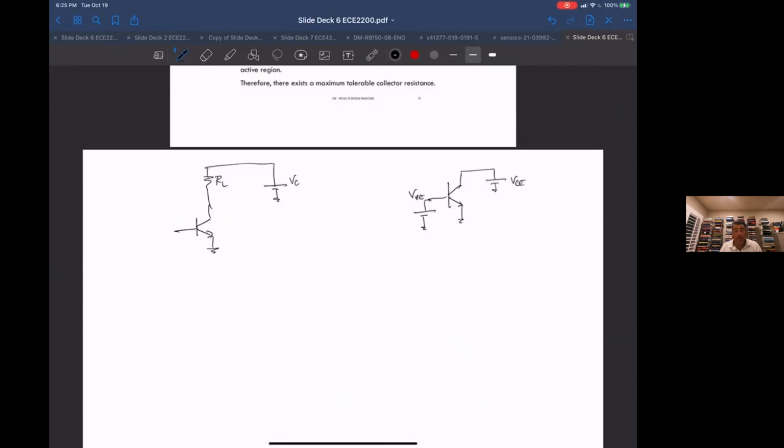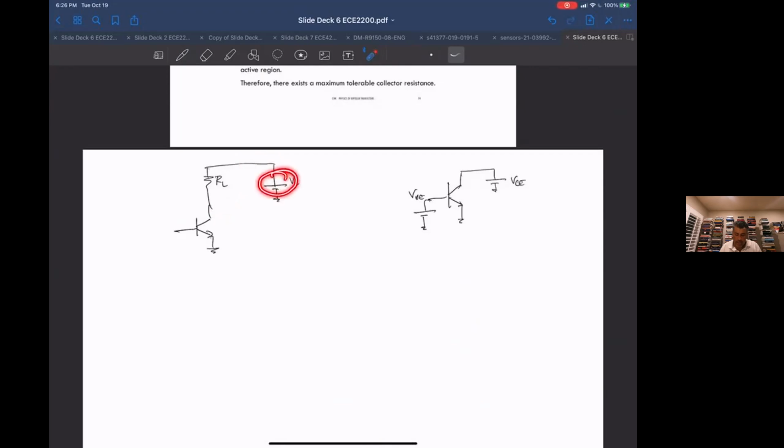Okay, so you have to be really careful with these concepts. VCE is the voltage from the collector to the emitter. Notice now I have a resistor between the voltage node and the collector.